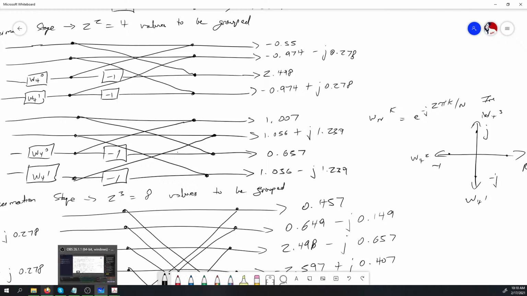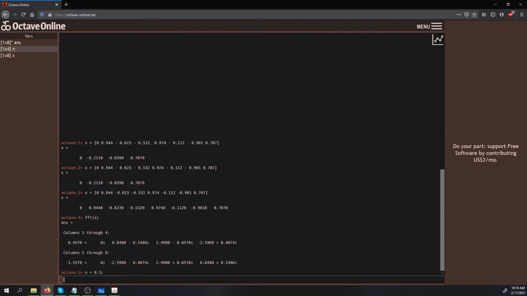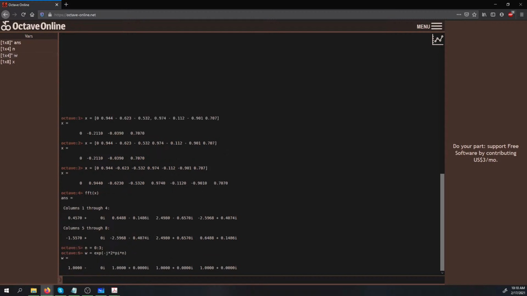I want to show you a very quick way to calculate this. Let's say n here goes between 0 to 3, because it's 4 values that we're calculating. W is equal to the exponent of minus j by 2 pi by n, and you can see W will calculate out all the twiddle factors for us.